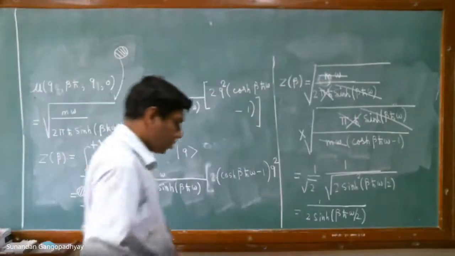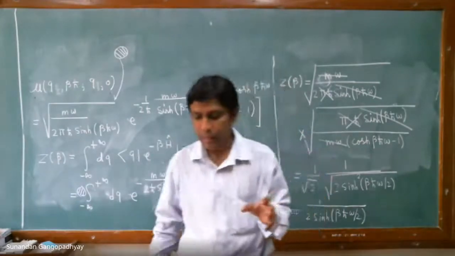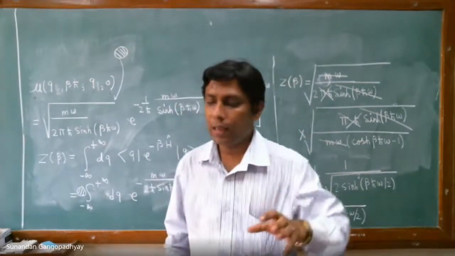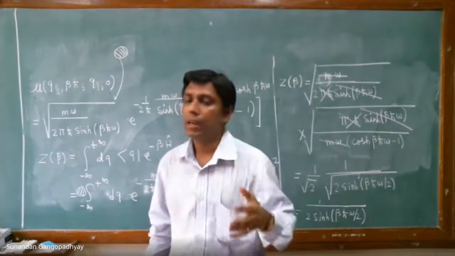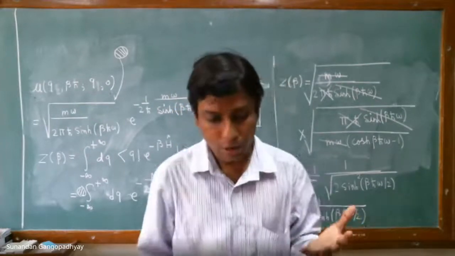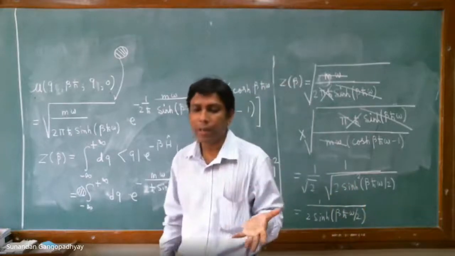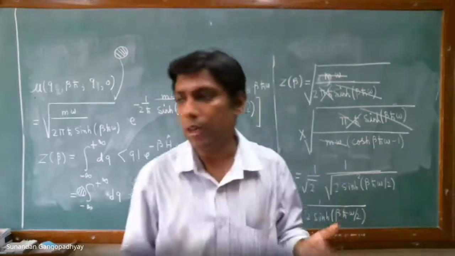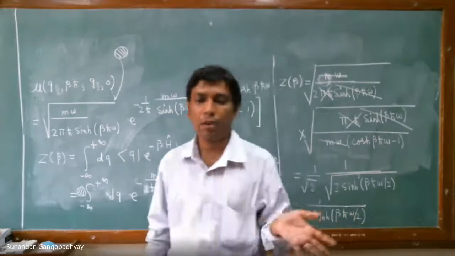Sir, one thing I was trying to understand: statistical mechanics connects classical mechanics with quantum mechanics. As we are doing the Euclidean path integral, it is sort of between classical and quantum mechanics. That's why we are getting this result. No, I'm not sure about your first statement, because you can do statistical mechanics for a classical system also, where the particles are all classical particles.